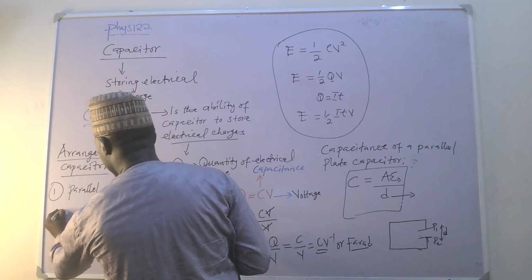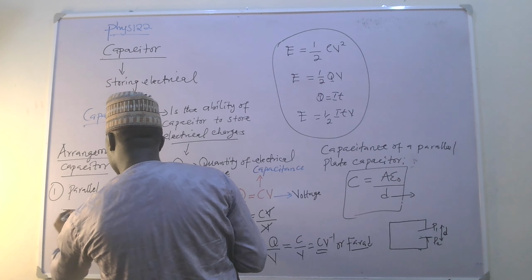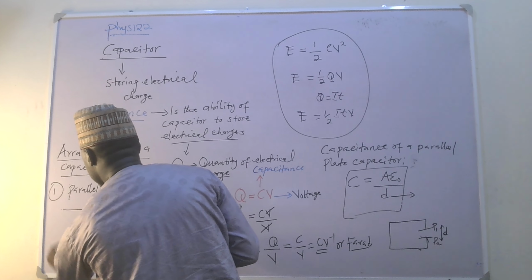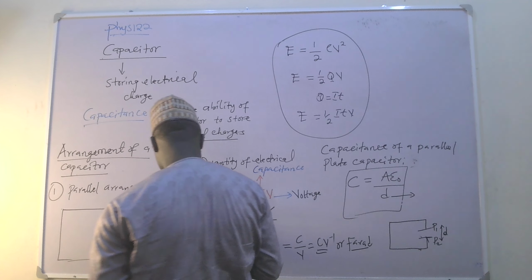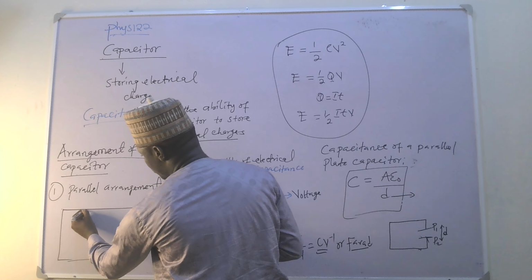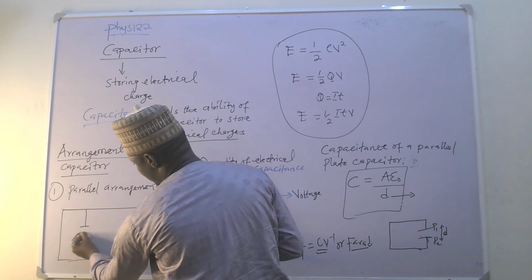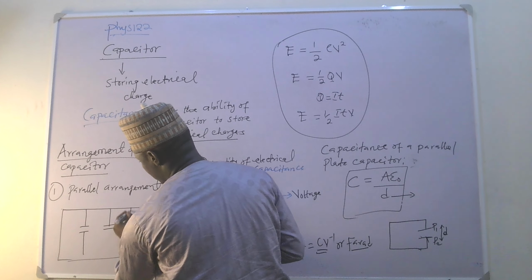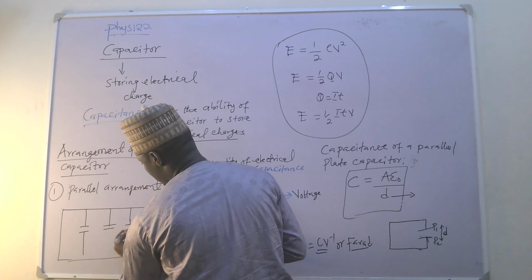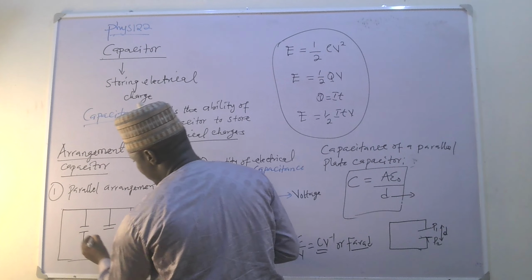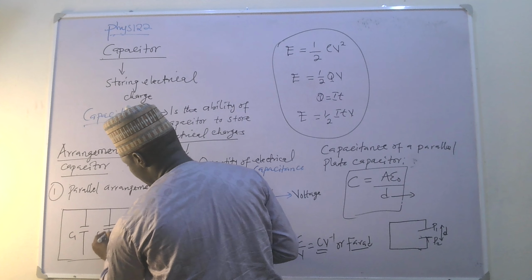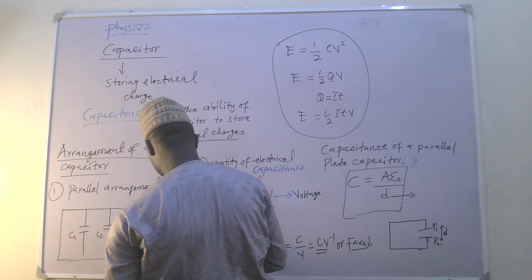You can have a plate like this. I want you to really follow very well. So you can have a capacitor like this. So these are the different capacitors. Let's say C1 here, this one is C2 and this one is C3.